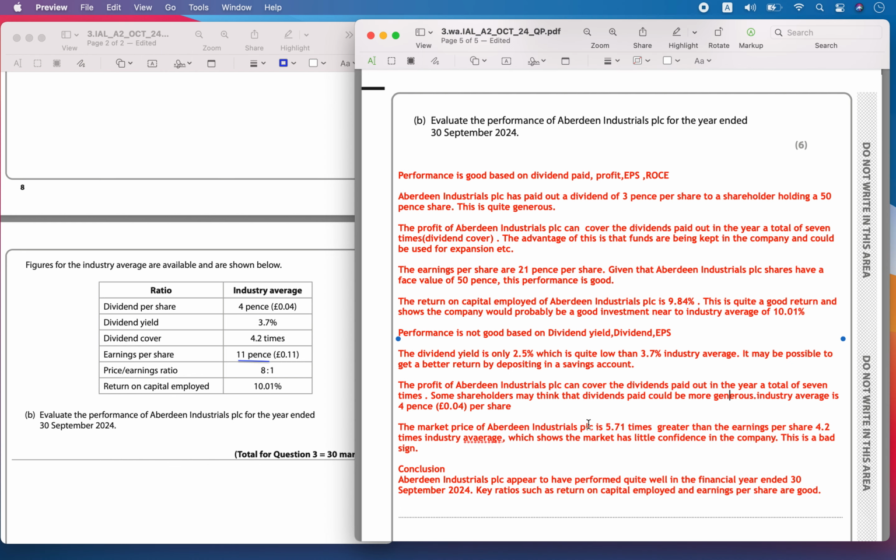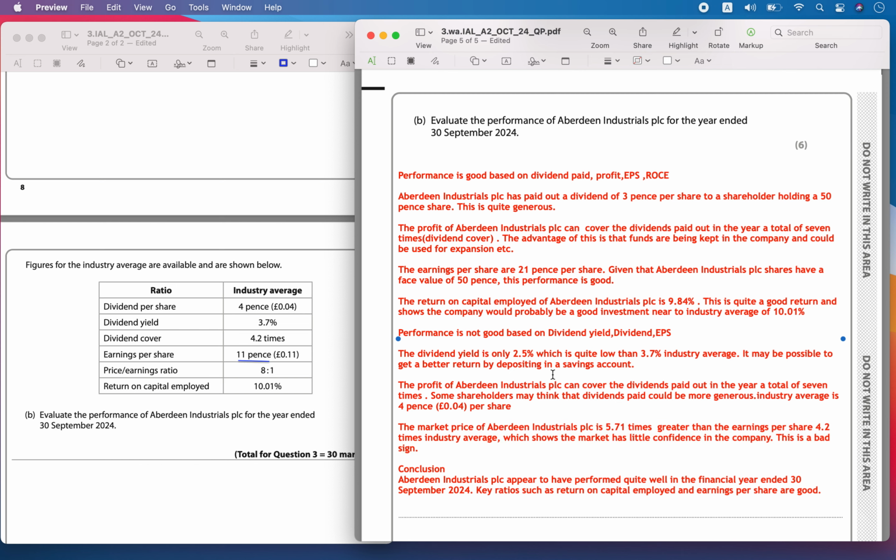Then the market price of Aberdeen Industrial is 5.7 times the earnings per share, compared to 4.2 times for the industry average. So this shows that the market has little confidence in the company. The market price is 5.7 times greater than the earnings per share, whereas the average is just 4.2. It shows there is little confidence in the company, which is a bad sign.